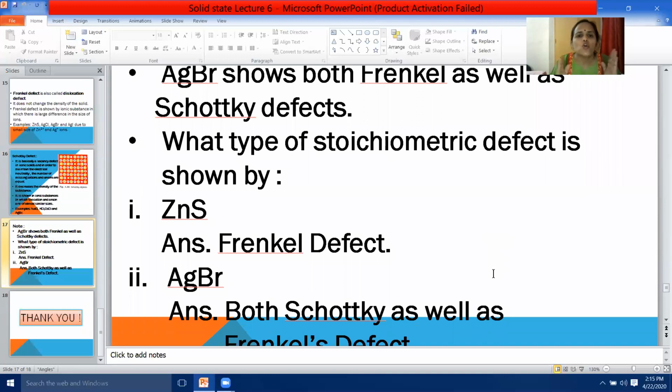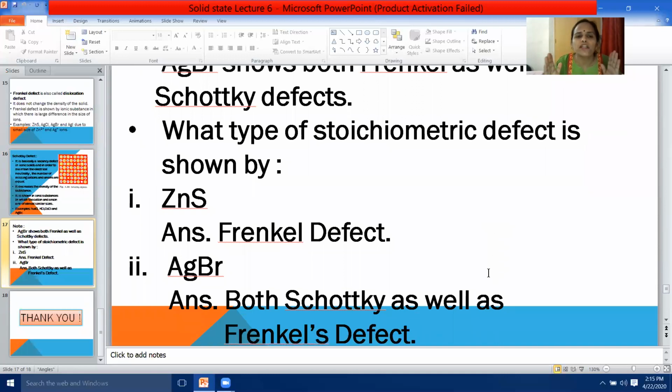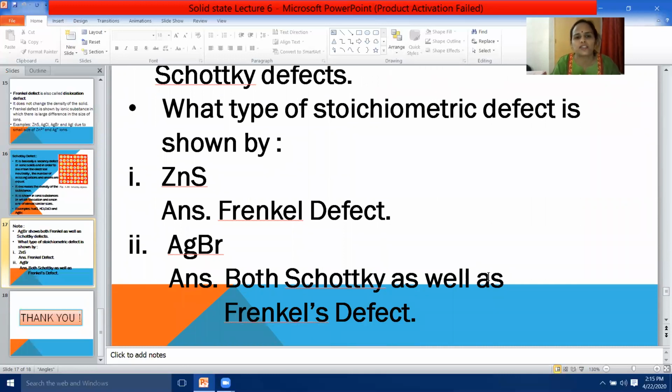What type of stoichiometric defect is shown by ZnS? The answer is Frenkel defect. The second is, what type of stoichiometric defect is shown by silver bromide, AgBr? Both Schottky as well as Frenkel defect are shown by AgBr.